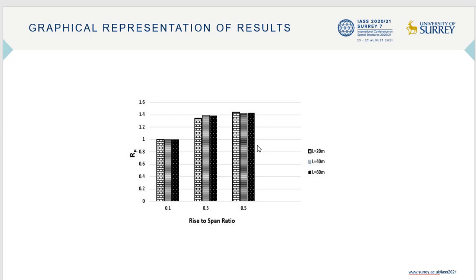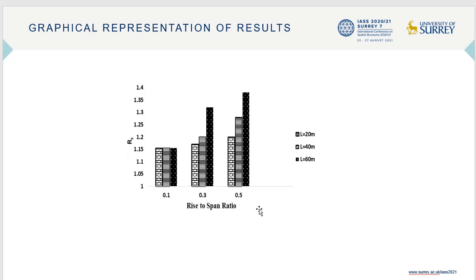The maximum force reduction factor is related to the model with rise-to-span ratio 0.5 and the length of 20 meters, which is 1.44. Generally, the difference in this factor for rise-to-span ratios 0.3 and 0.5 and the different lengths is negligible.